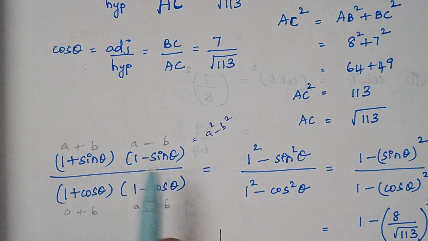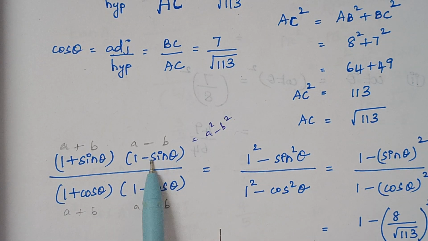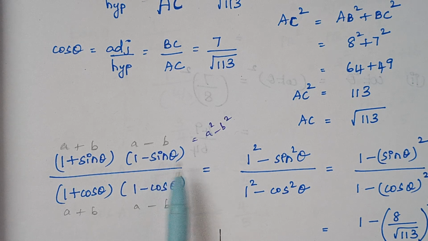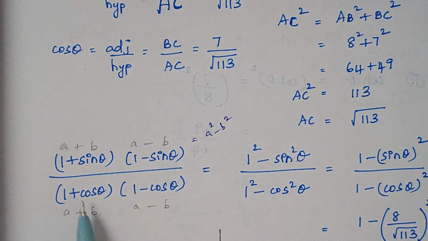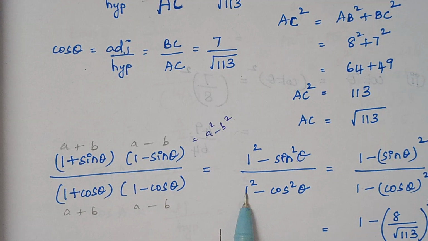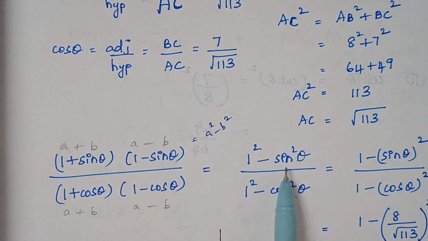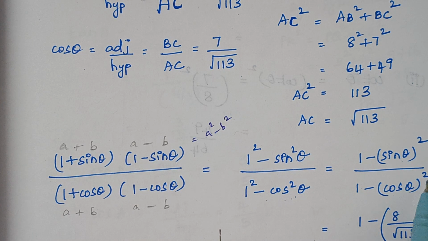So here A is 1, so 1 square minus sin square theta. Similarly, here also A is 1 and B is cos theta, therefore 1 square minus cos square theta, right? Again, this sin square theta can be written as sin theta the whole square, and similarly cos square theta as cos theta the whole square.